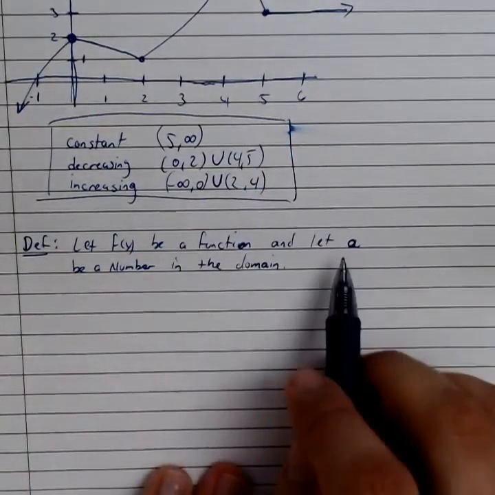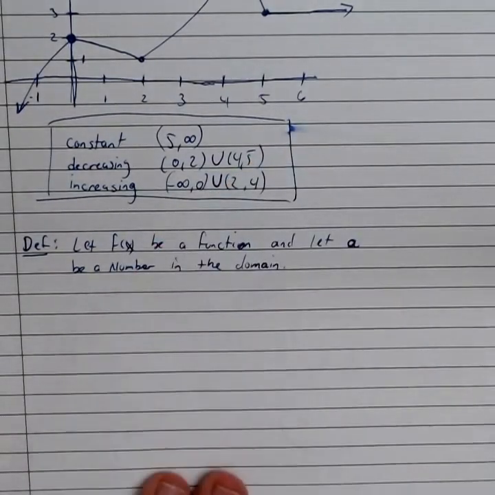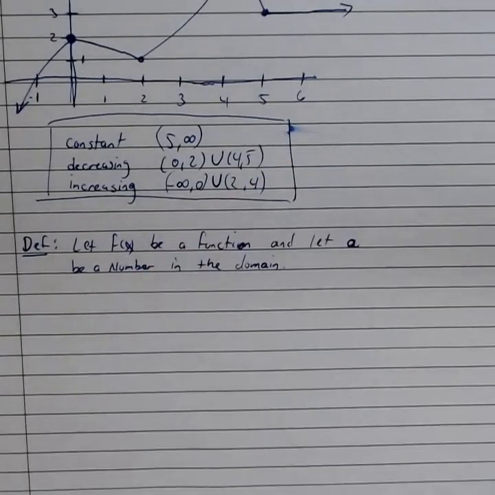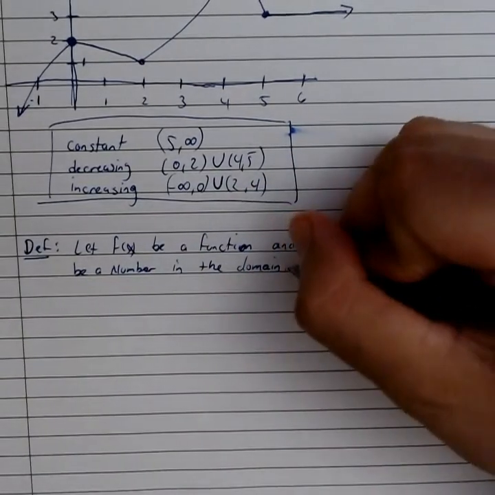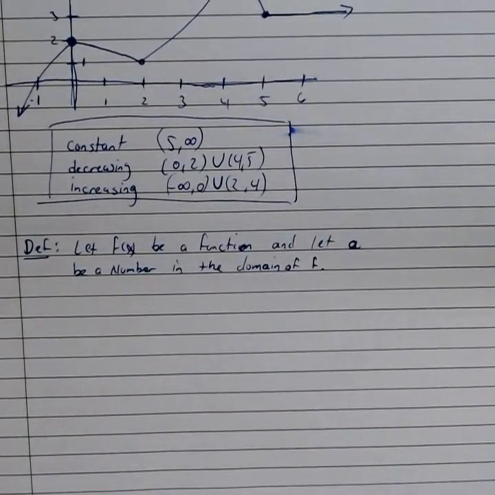All right, so here a is just some number you could plug in for x. It doesn't matter what number it is as long as it can be plugged in. So let f of x be a function and let a be a number in the domain of f. Okay.